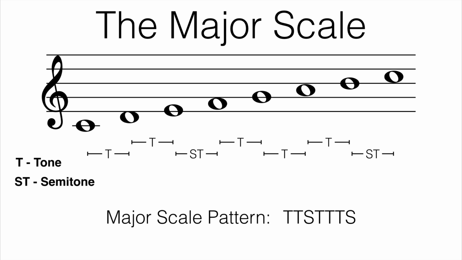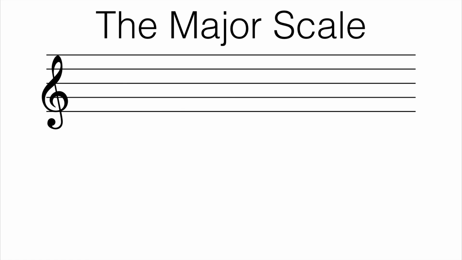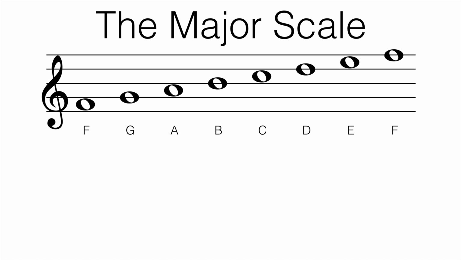Let's try it with another scale. For F major, we start on F and write out all notes until we reach F, an octave above. Now we need to check to see if the distances between all of the notes forms the tone, tone, semitone, tone, tone, tone, semitone pattern we previously discussed. F to G is a tone.